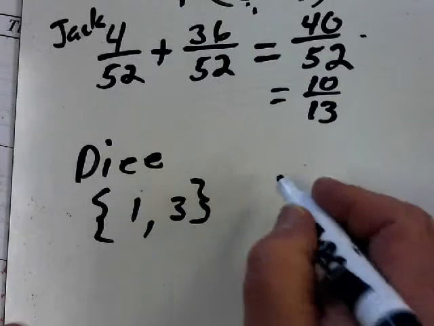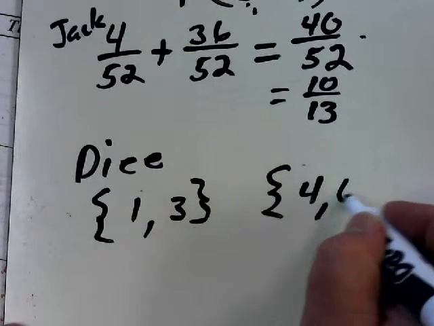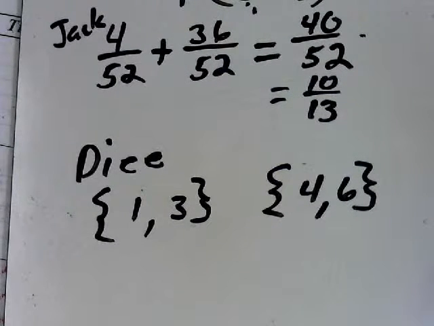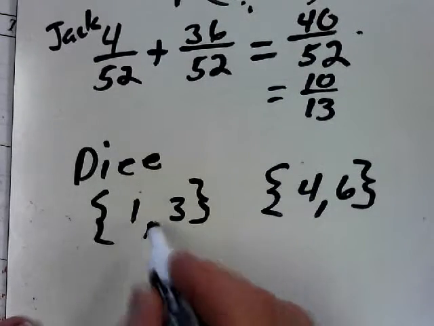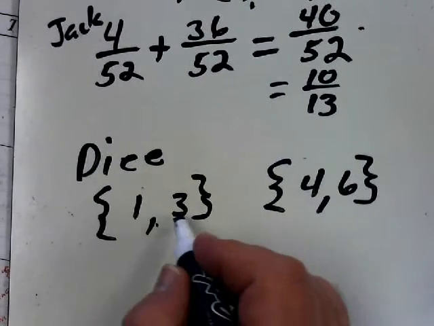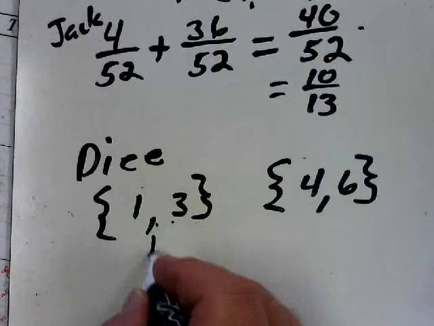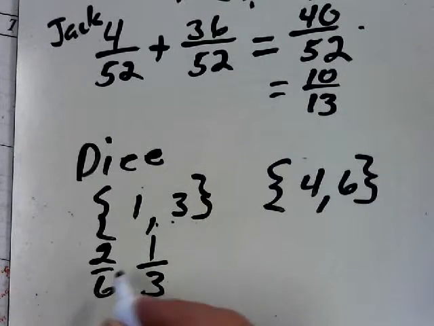And on the second toss, I wanted a 4 or a 6. Would these be mutually exclusive? Yes, they would. So on the first one, what would be my probability of tossing a 1 or a 3? 1/3, or it started out as 2 over 6, right?